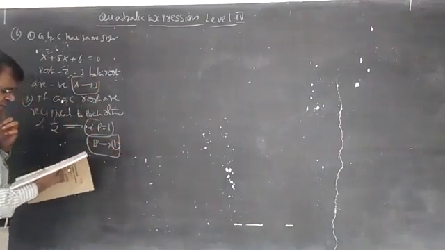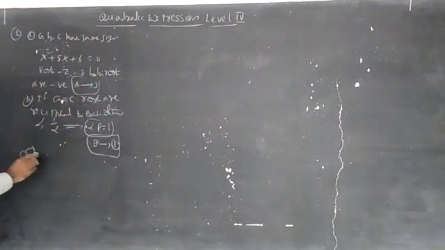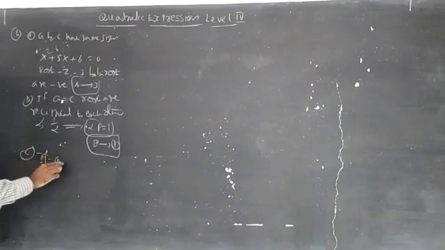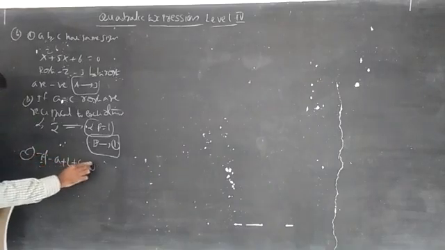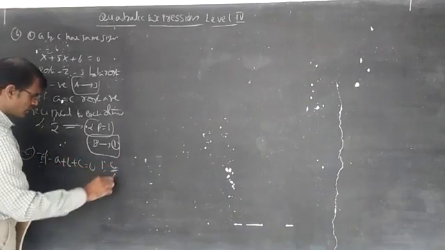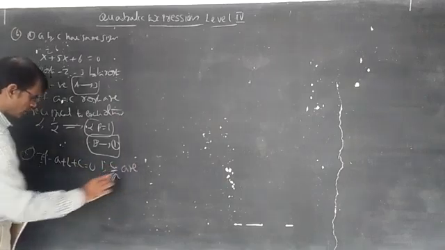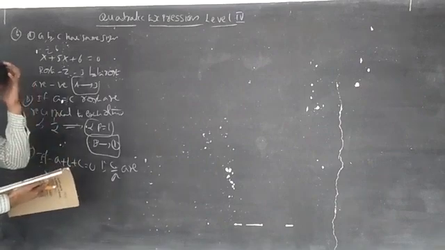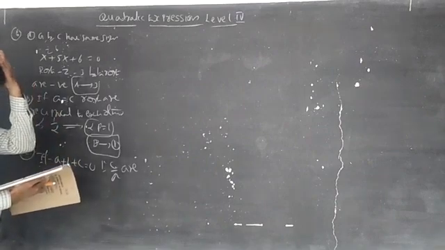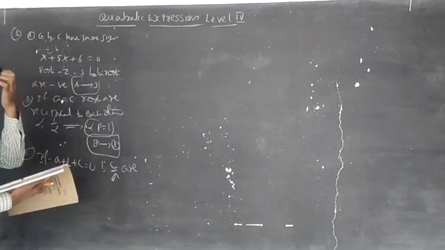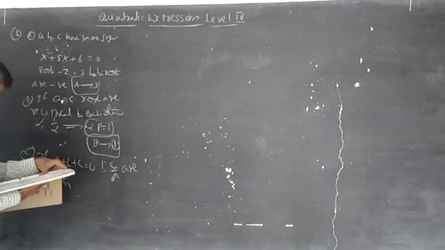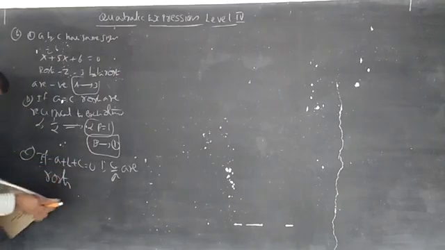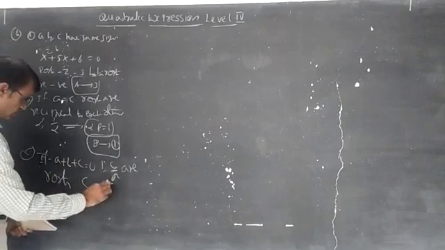Two options are there. Already I said the concept: if a plus b plus c is equal to 0, then 1 comma c by a are roots. It is the formula. Given that one root is 1, for c it is 5.